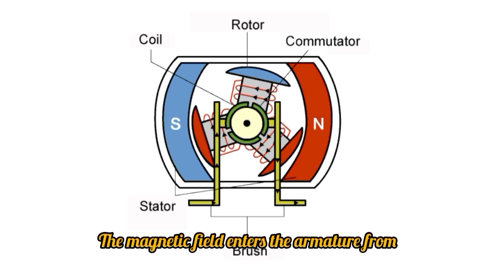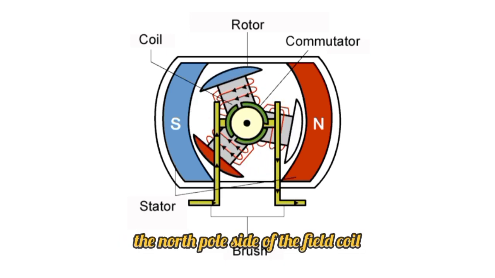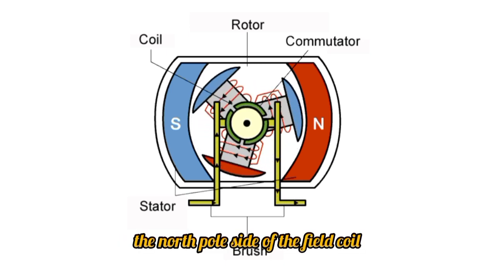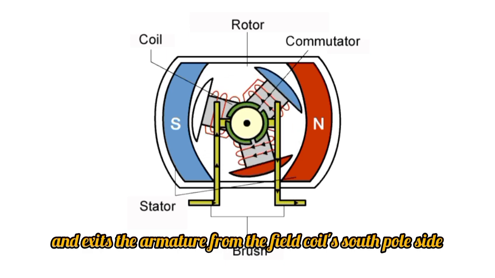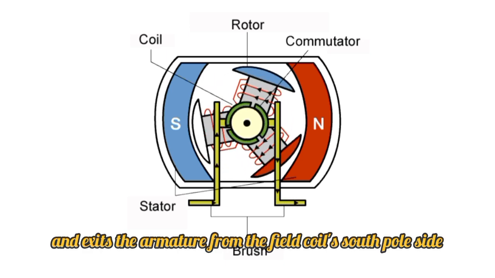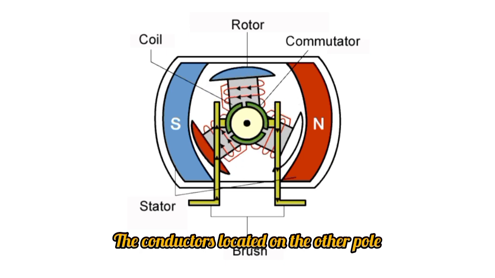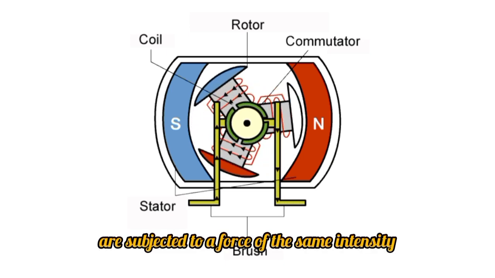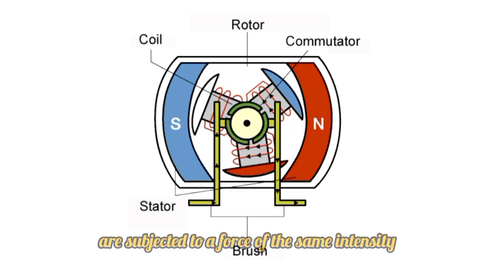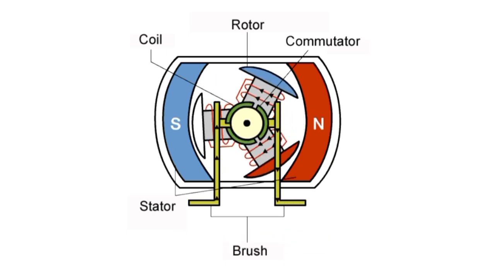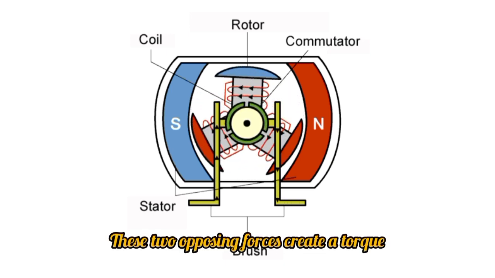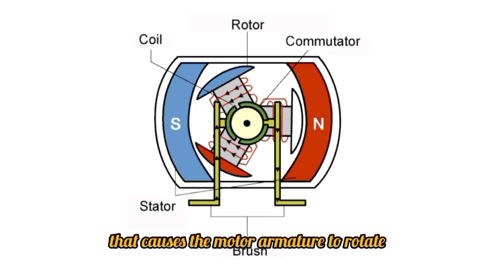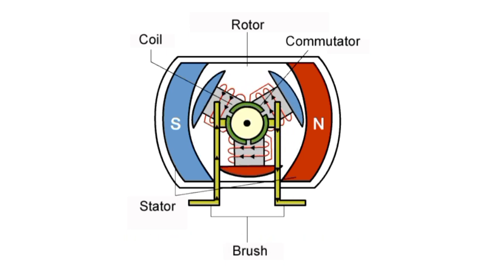The magnetic field enters the armature from the north pole side of the field coil and exits the armature from the field coil's south pole side. The conductors located on the other pole are subjected to a force of the same intensity but in the opposite direction. These two opposing forces create a torque that causes the motor armature to rotate.